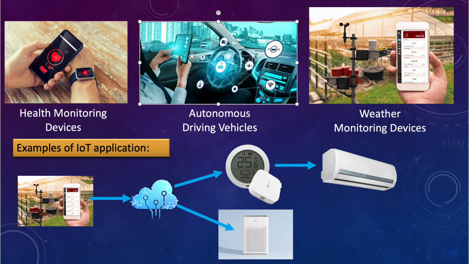Autonomous driving vehicles have an array of sensors which collect data and talk to the brakes, to the motors, to any other actuator which is in the car, steer the vehicle and drive the car by itself.